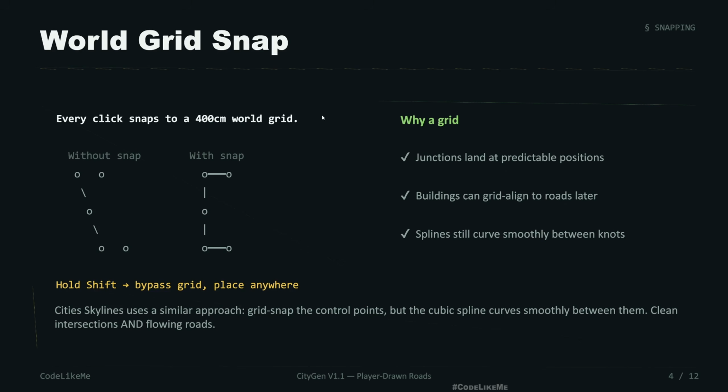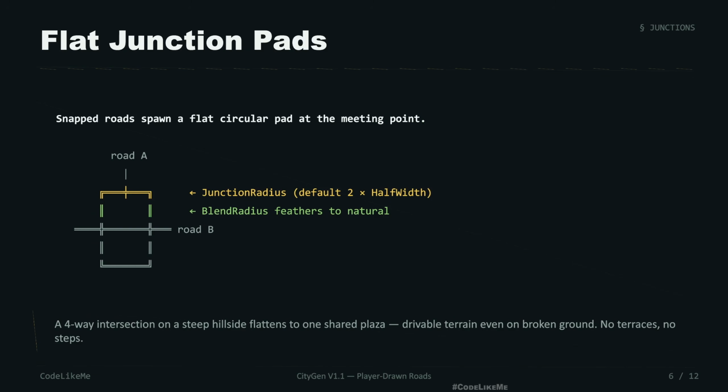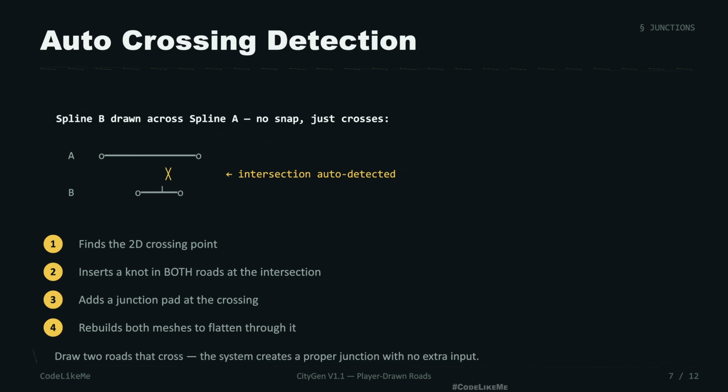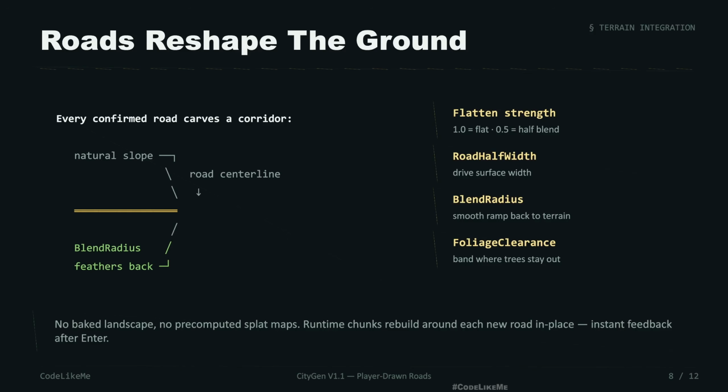I implemented this following a similar approach as in Cities: Skylines, so that it makes things easier for us to manage cells and what we can place and where we can place. All this logic becomes a bit easier when we have grid snapping. This is an explanation of how the junctions and crossings work, auto crossing detection.